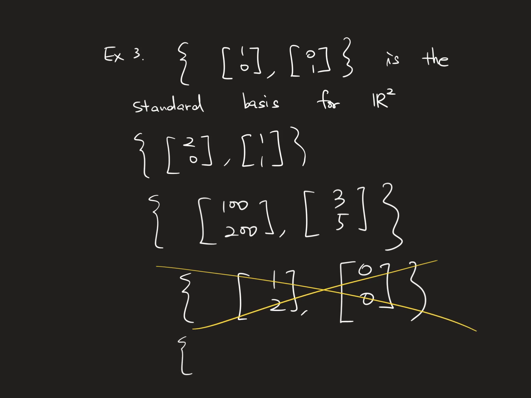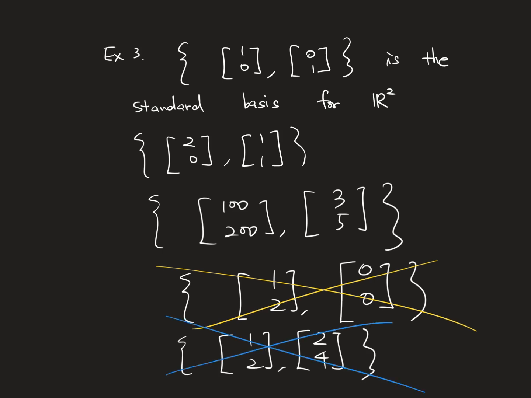And for example, (1, 2) and (2, 4): this is not a basis, because they're dependent. Just multiply by 2, and then we get (2, 4). So in this case, this is not a basis.